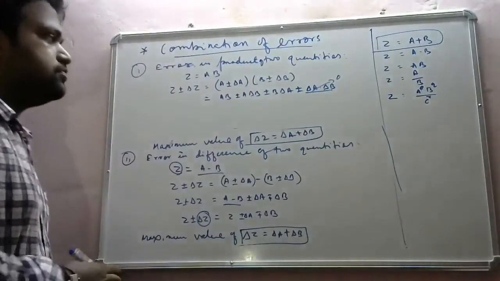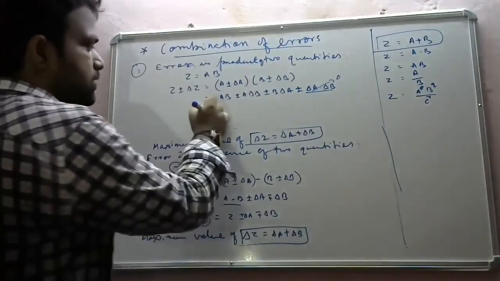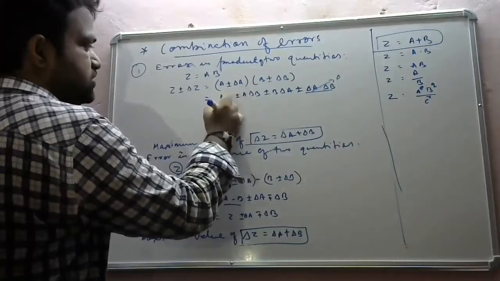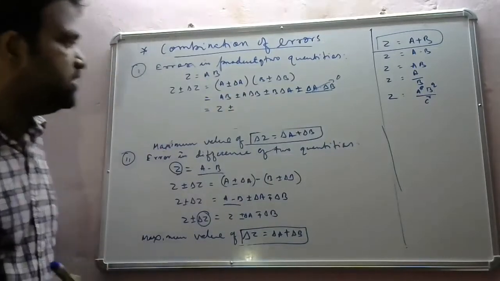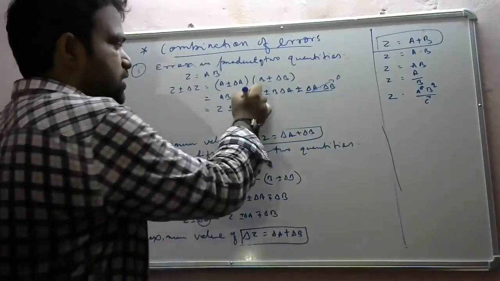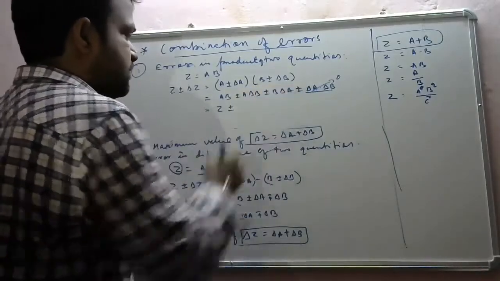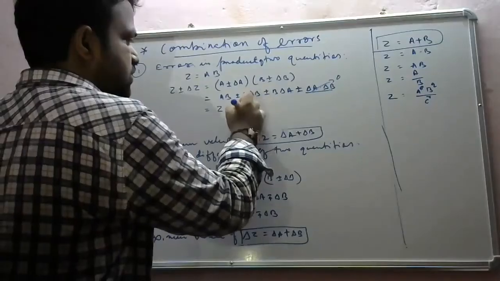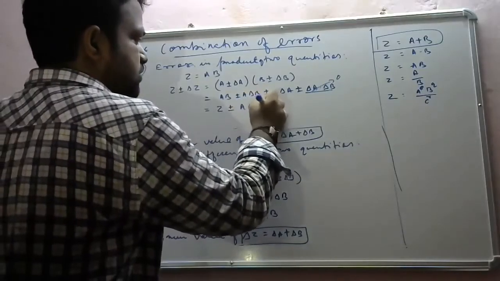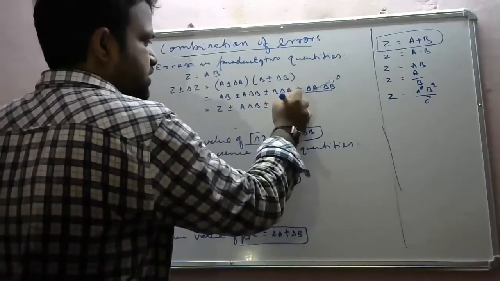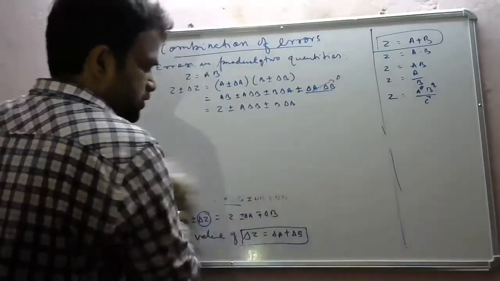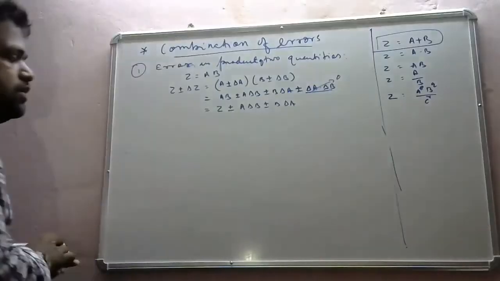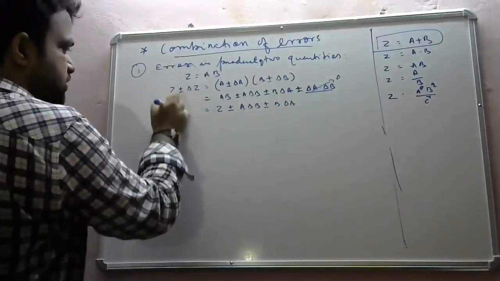Then what will remain? AB is your Z plus minus A delta B plus minus B delta A. Now what is this?